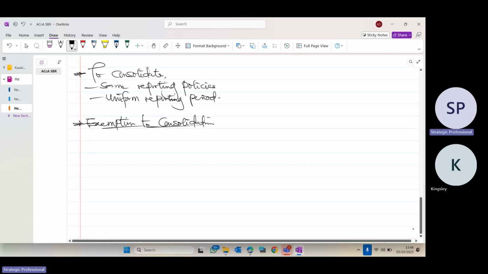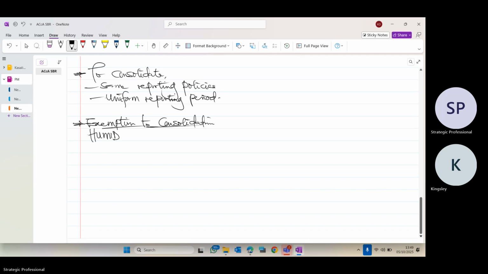the various exemptions for consolidation that we have are actually termed as what? HUMIDIST. When we say HUMIDIST, it's an acronym that I've used.